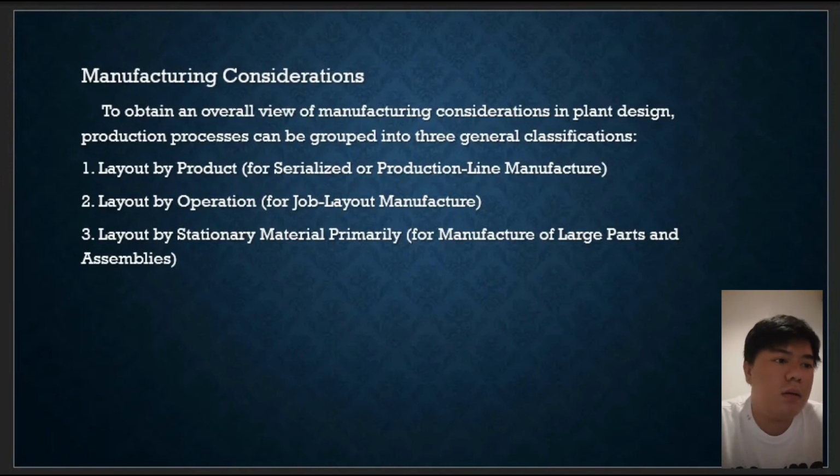Number 1, layout by product, for serialized or production line manufacture. Number 2 is layout by operation, for job lot manufacture. And number 3 is layout by stationary materials primarily, for manufacture of large parts and assemblies.